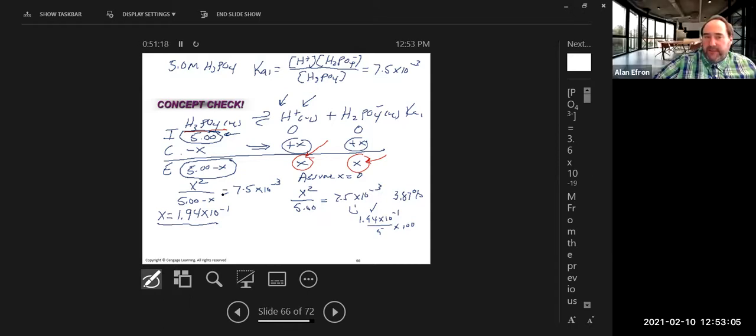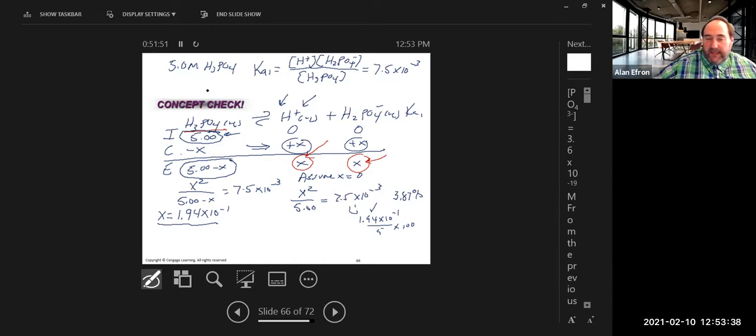So in most cases, I won't say 100%, but pretty close to 100%, if you're given a polyprotic acid, say like phosphoric acid or carbonic acid, and all you're asked to solve for is the pH of that solution, it's almost all the time pretty safe just to do the first step we're looking at here on the screen. That's going to be the majority of the H+ that comes off into solution, and you'd be pretty safe just to do that.